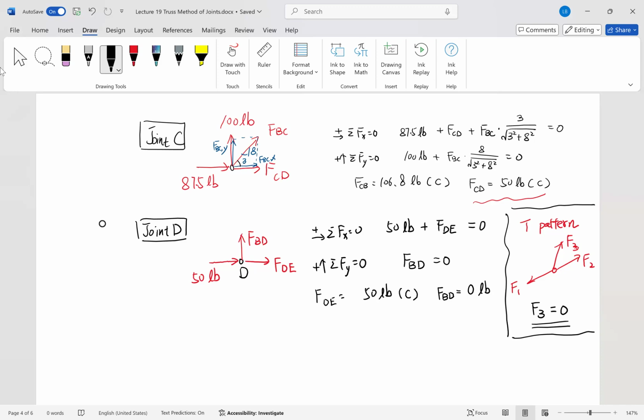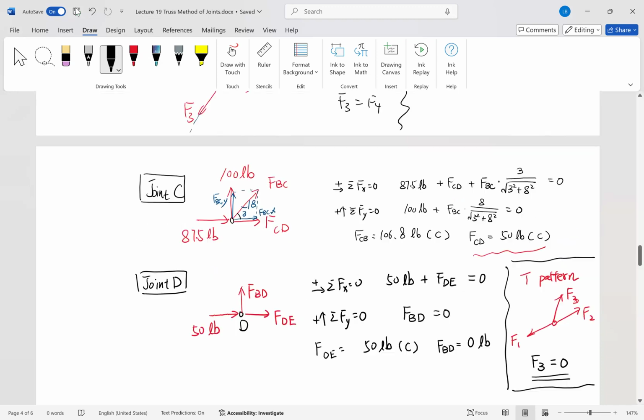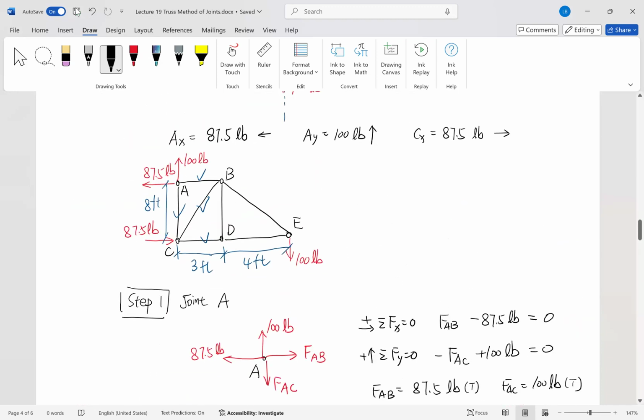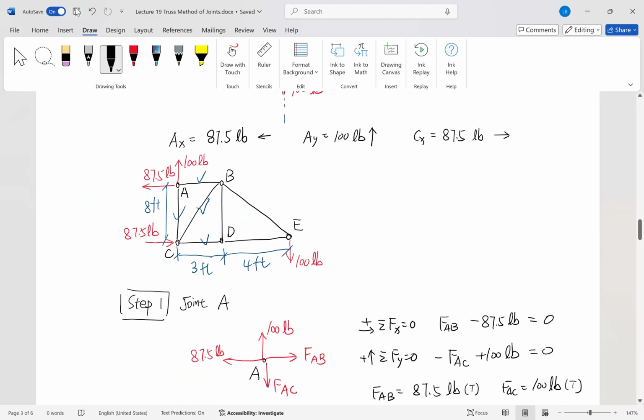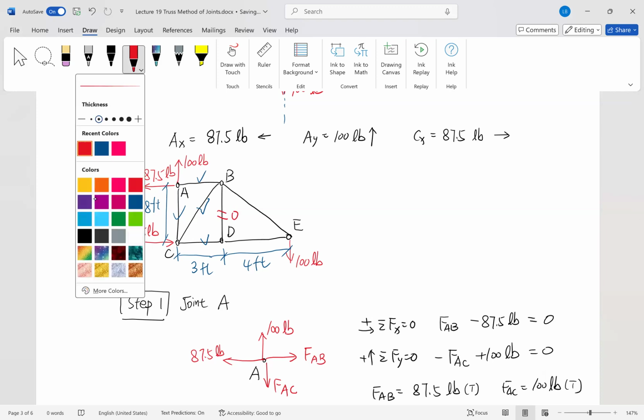So lastly, now we've already solved BD and D here. Particularly, we know that the member BD is 0, right? It is 0 here.